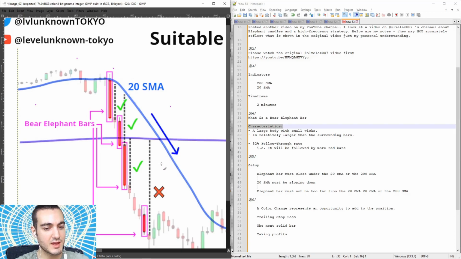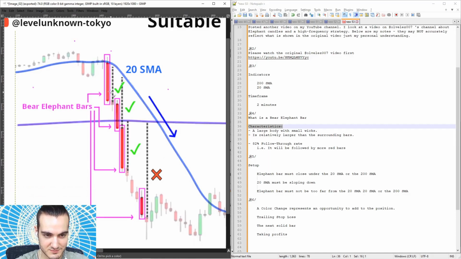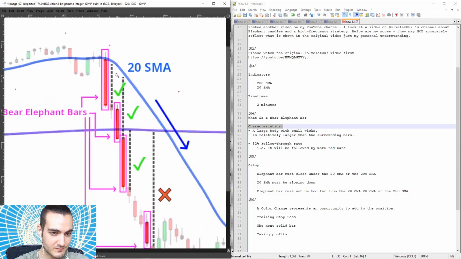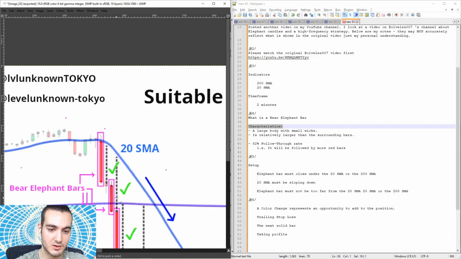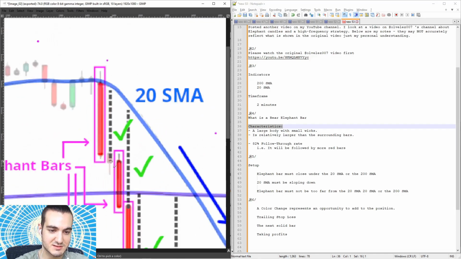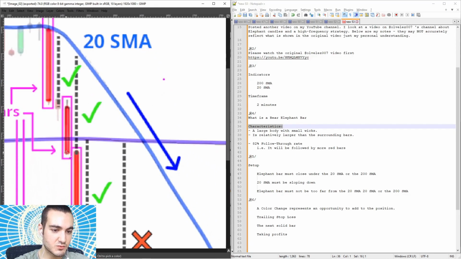So if we look at the 4 elephant bars that are seen on this chart, we have the first 3, which are suitable for entries because they are close to the moving averages. This one is close to the 20 simple moving average. This one is close to the 200 and the 20.